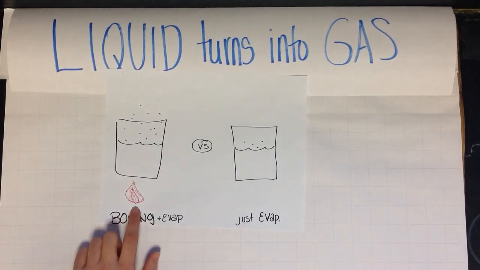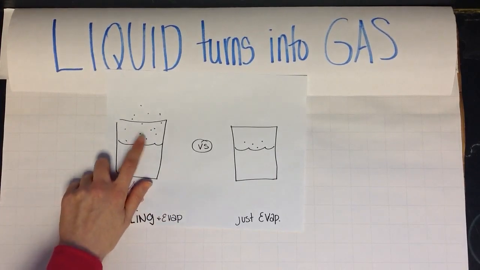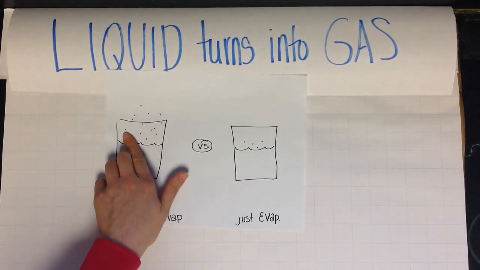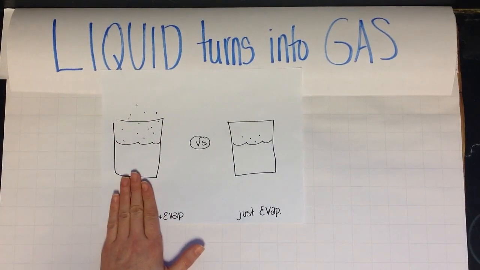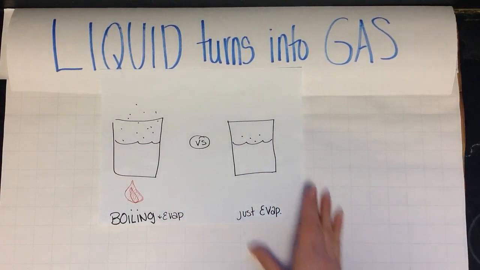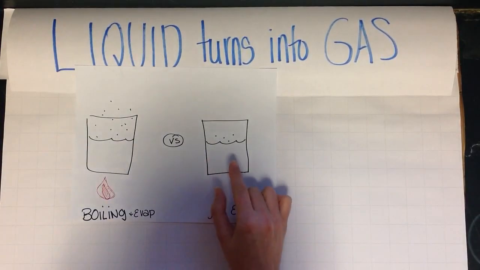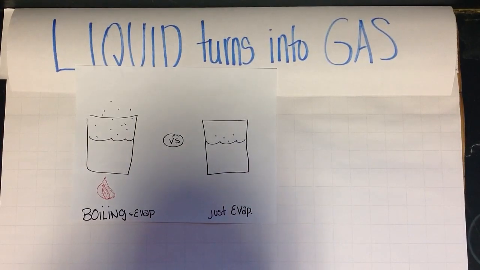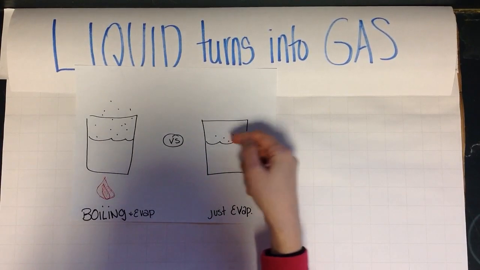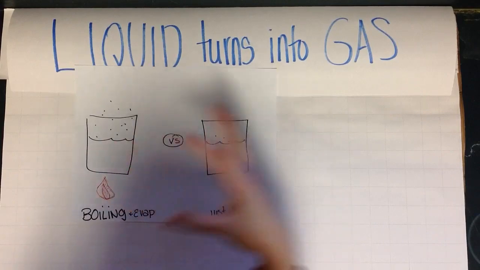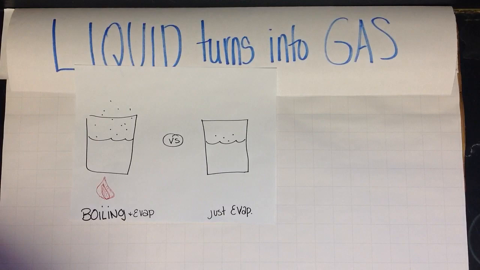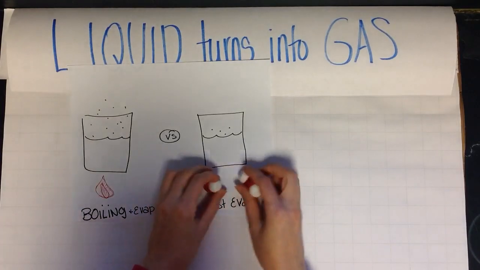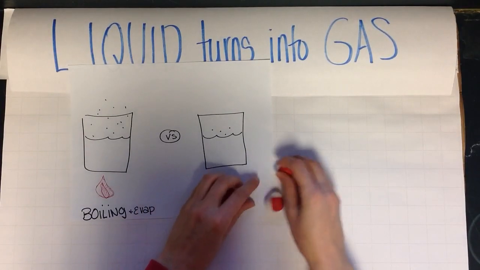Now, you can have molecules leaving the surface and not have heat. In that case, it's just called evaporation, which I have put in this picture here as well. In this picture, it's just a beaker sitting out, and over time, sometimes the molecules can jostle into each other, can bump into each other. Remember, water molecules move around a little bit more than solid molecules.